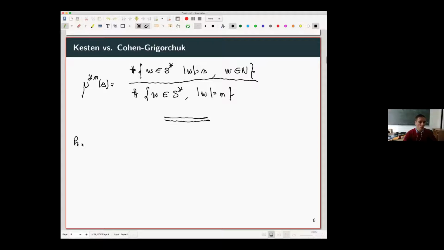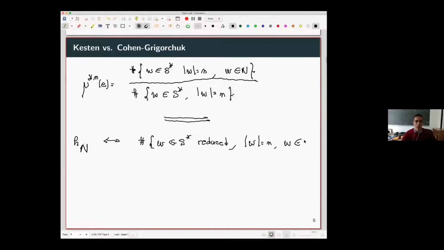But now, what are we looking for when we compute the growth rate of G? It's not exactly equal because there is some limit, etc. But what you're interested in is looking at all the words over S which now are reduced, in the sense that there is no letter which is followed directly by its inverse. And the length is n, and, sorry, I made a mistake here, this is h_N.